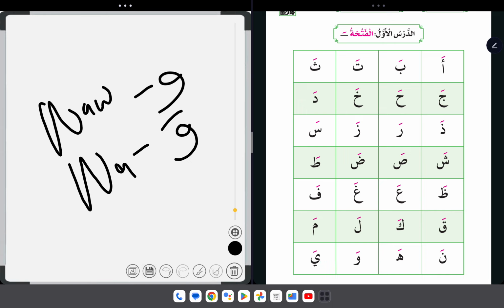So two things to note. When you are pronouncing the sound of a letter, when it has fatha, you don't elongate that sound. So a, ba, ta, tha, ja, ha, kha, like that. You do not say a, ba, ta, tha, ja. No, you don't say that.